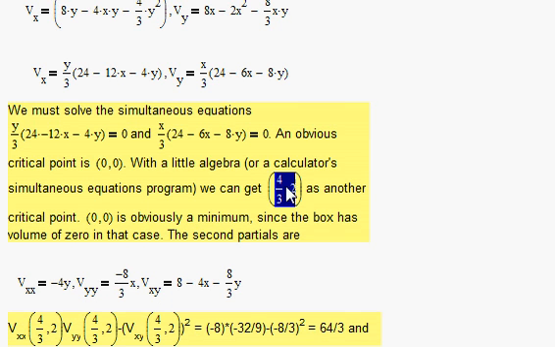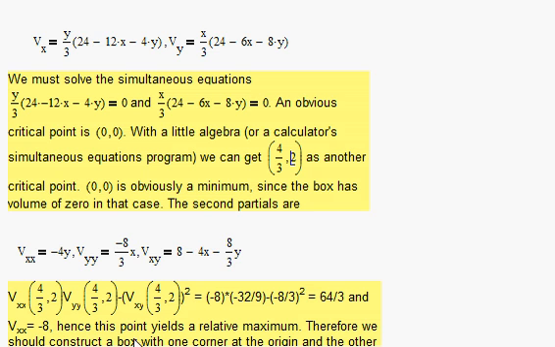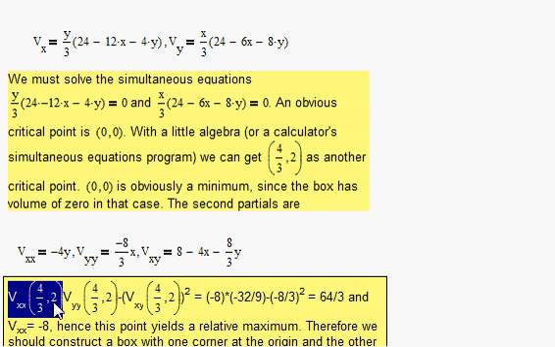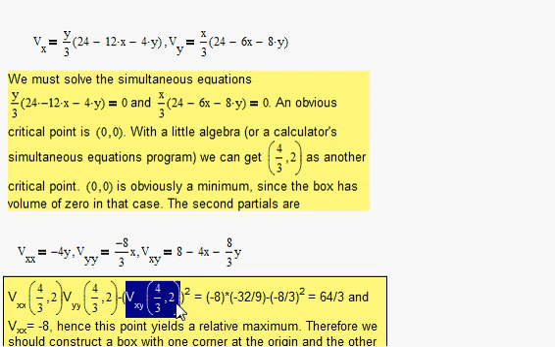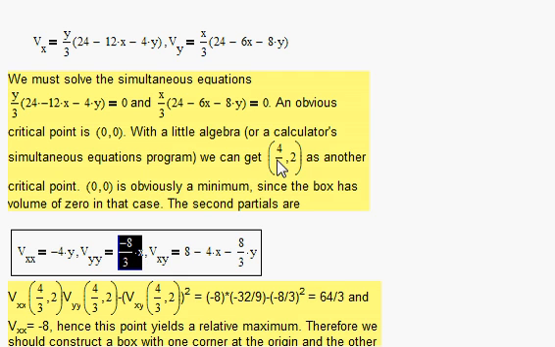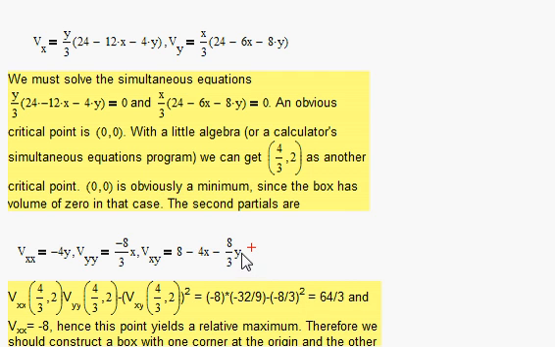And now if we plug in the point x is 4/3, y is 2, then we've got the second partial with respect to x times the second partial with respect to y at that point, minus the mixed partial at that point squared. That would be negative 8 times, at this point, negative 32/9, minus, putting in this point, 8 minus 16/3 minus 16/3, so that would be 24/3 minus 16/3, 8/3.